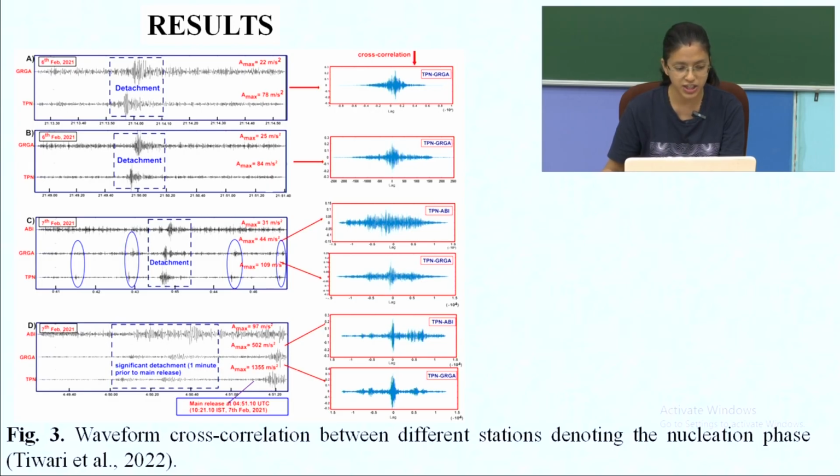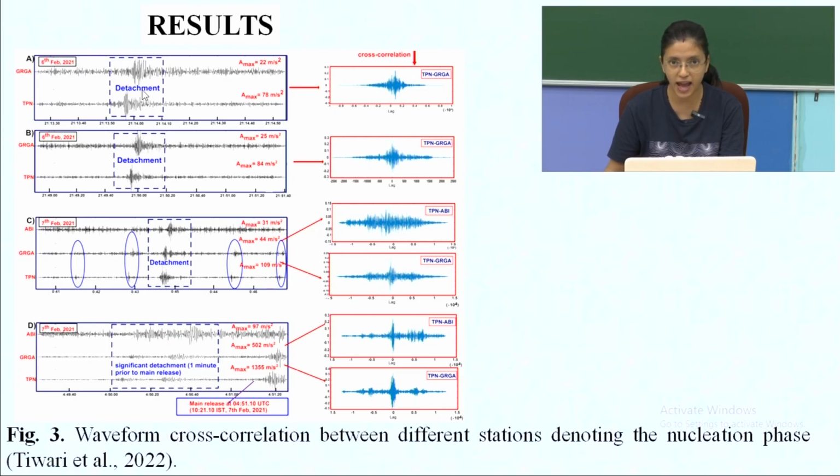The seismic signature from this avalanche was recorded at Tapovan Station and Garud Ganga Station on 6th of February, that is a day prior to the main avalanche. Tapovan is approximately 12 km from the main source zone and Garud Ganga is approximately 20 km from the source zone. Now, to know the source for both of these data: is it coming from the same source or is it a different source?